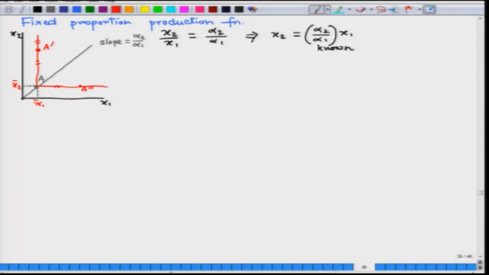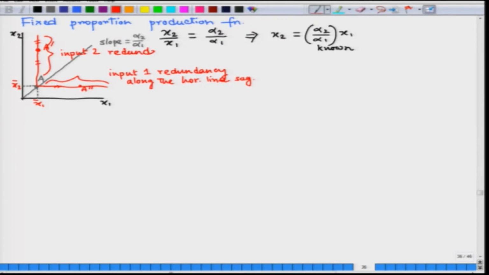So, we see some input 1 redundancy along the horizontal line segment, similarly we see input 2 redundancy along the vertical line segment.